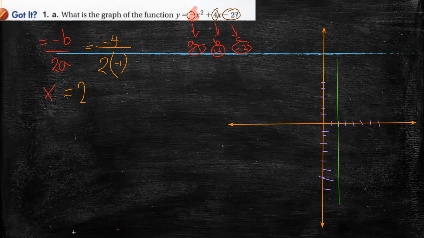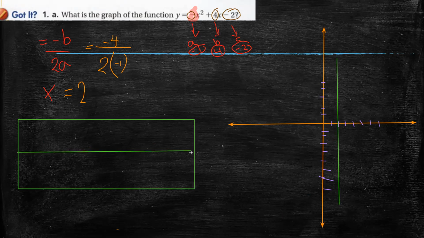Then after that, as I told you, if I want now to graph it, I need 3 points. The first here is x and here is y.